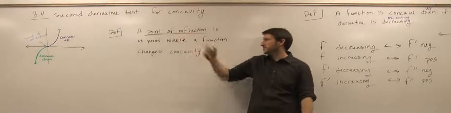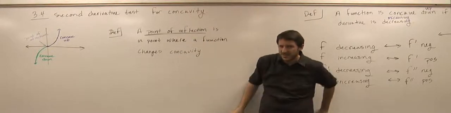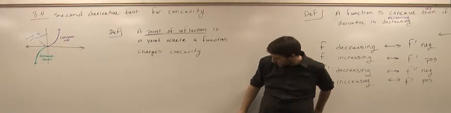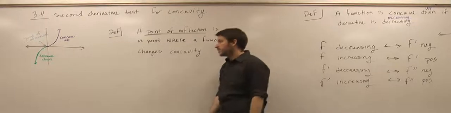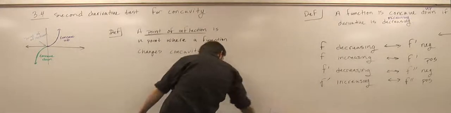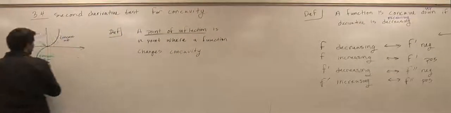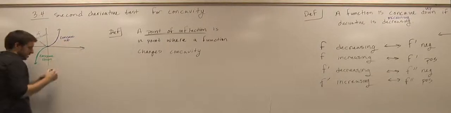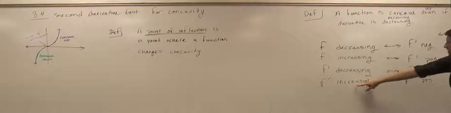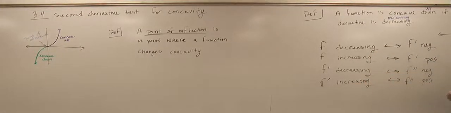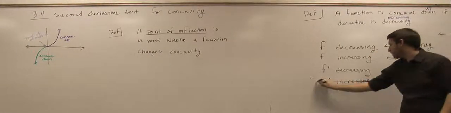Where do you think points of inflection come from? How would I get at an x value for a point of inflection? Right, because the idea here is when you're concave up, f double prime is positive, f prime is increasing.